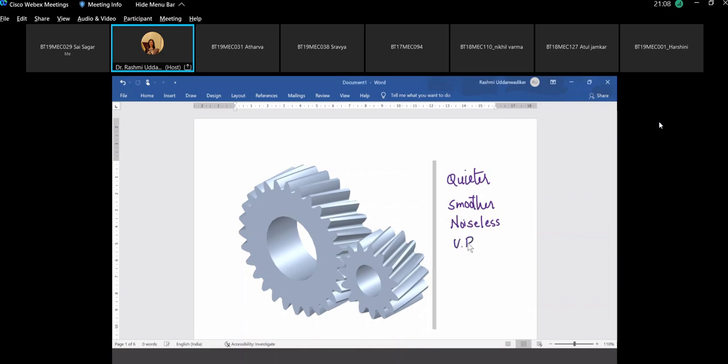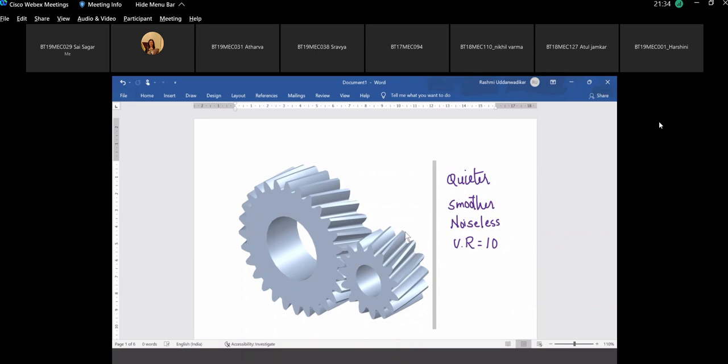In spur gear, what is the maximum velocity ratio that we can work with? 6. Here, you can go up as high as 10. So if I ask you to design a gear with velocity ratio 10 without mentioning what gear, the moment velocity ratio is above 6, you should understand that this is going to be a helical gear.